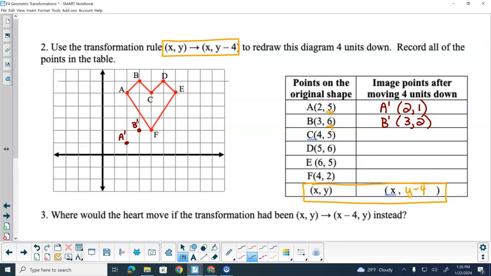Okay? So C prime then is going to be at the point 4, comma 1. D prime is going to be at the point 5, comma 2. E prime is going to be at the point 6, comma 1.